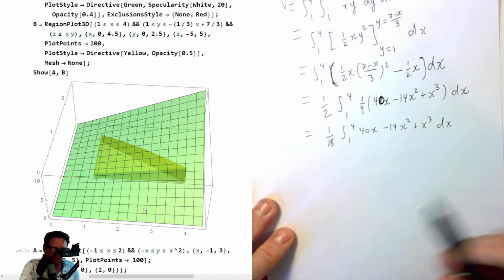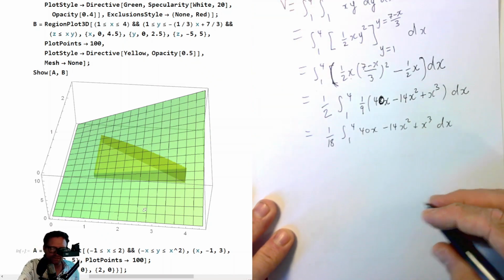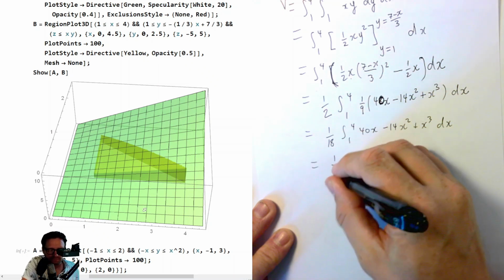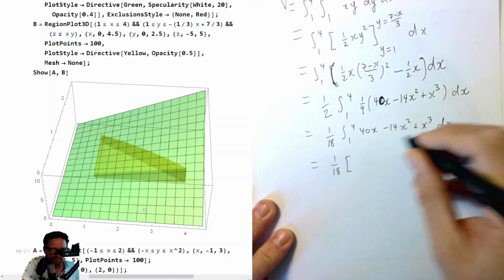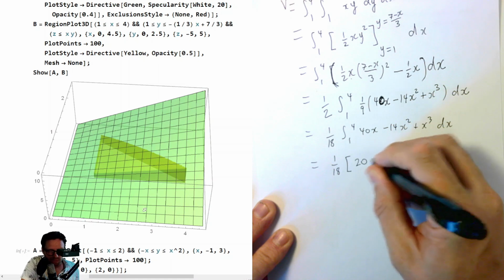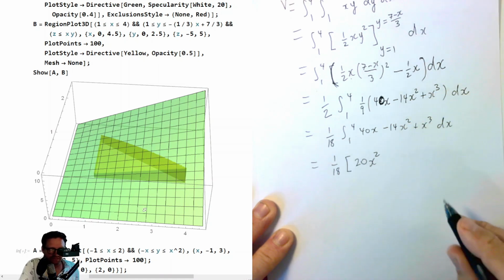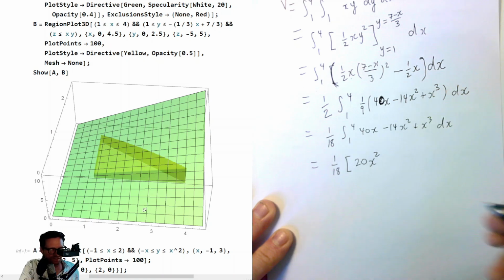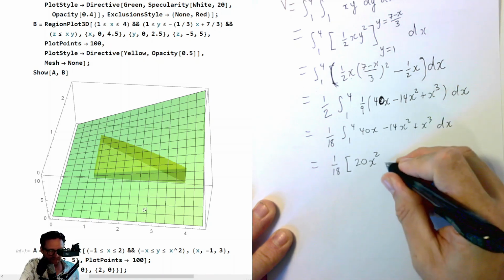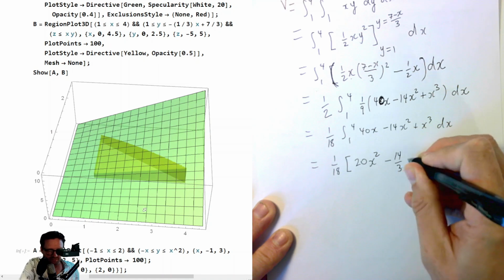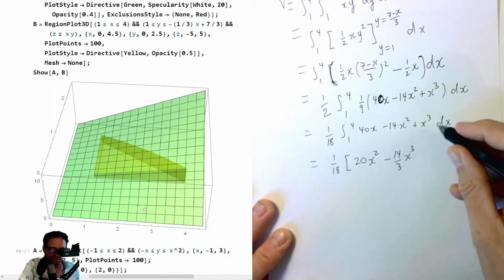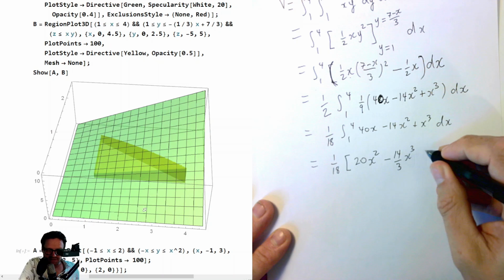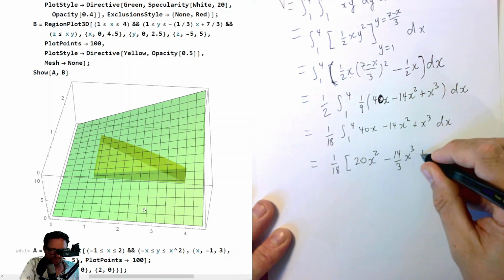So the integral of x is x squared over 2. So we have 20x squared for this piece. Integral of x squared is x cubed over 3, so we have minus 14 over 3x cubed. The integral of x to the 3 is x to the 4 over 4.